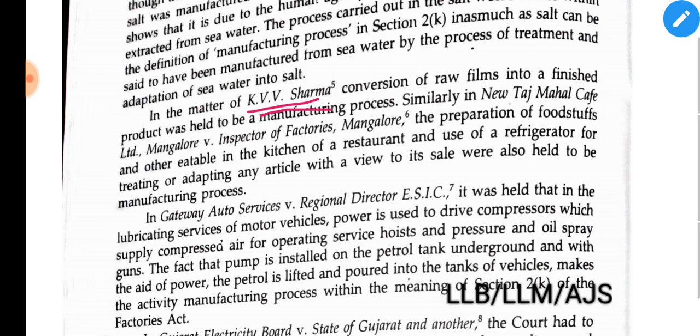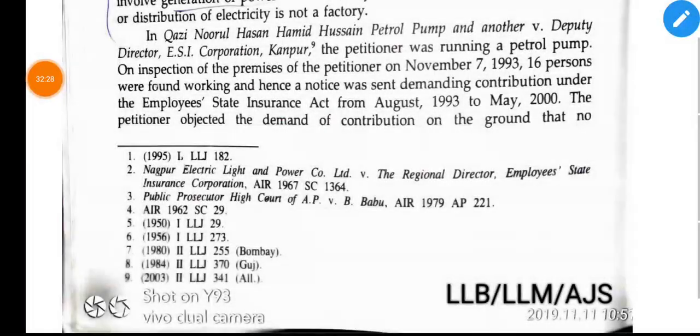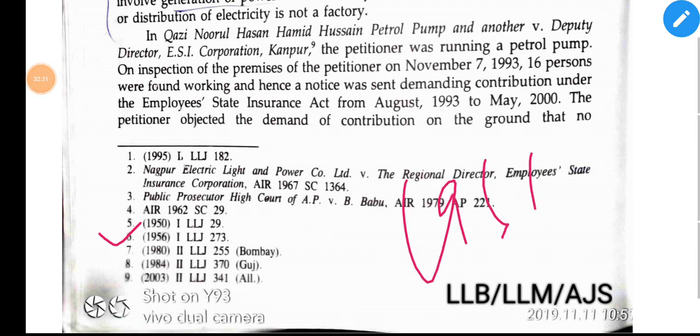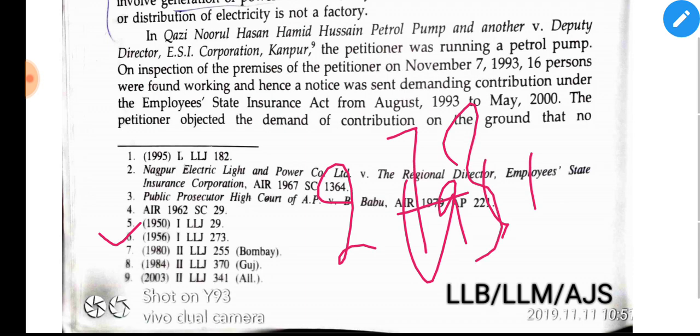Similarly, this is another important case: New Taj Mahal Cafe Ltd, Mangalore versus Inspector of Factories, Mangalore. The citation is AIR 1956 I LLJ 273.